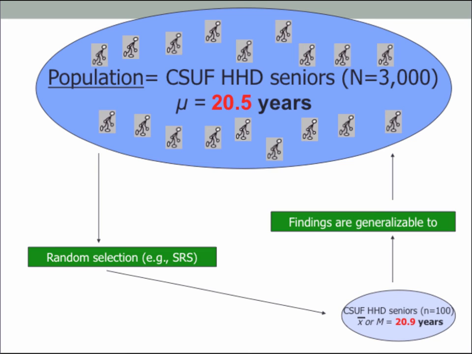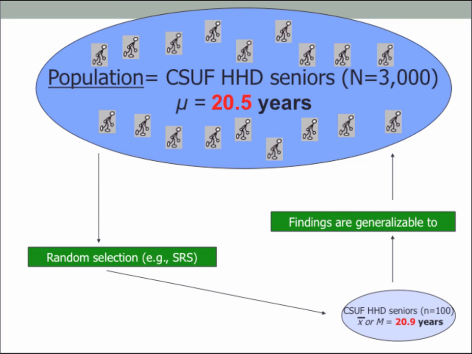We randomly select students using simple random sampling, and we end up getting 100 HHD seniors, where their sample statistic is 20.9 years old. So our population parameter was 20.5 years old, whereas our sample statistic was 20.9 years old.